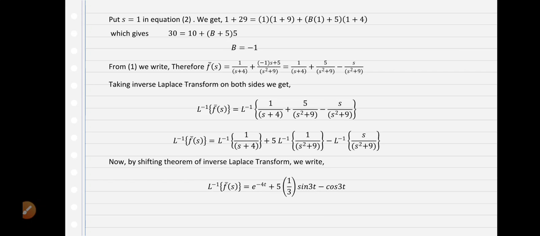So here we have applied shifting theorem of inverse LT to the first term only, and for the second and third term we have applied the standard results for inverse LT. So this is the answer, which can be written as e raised to minus 4t plus 5 by 3 sin 3t minus cos 3t. Now some examples for practice.